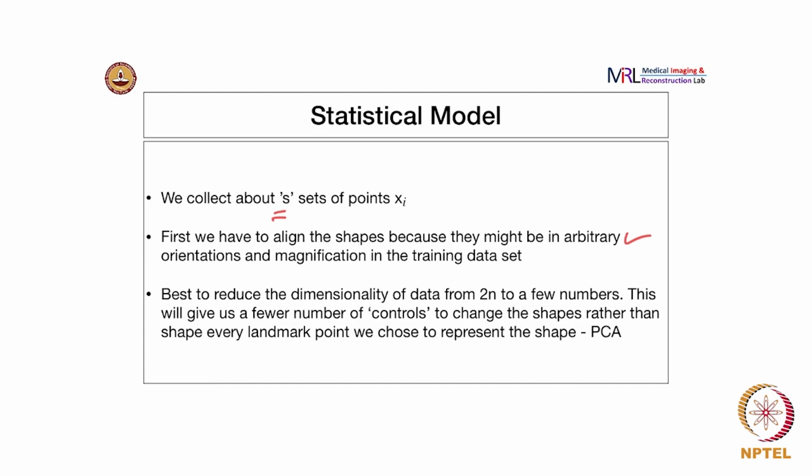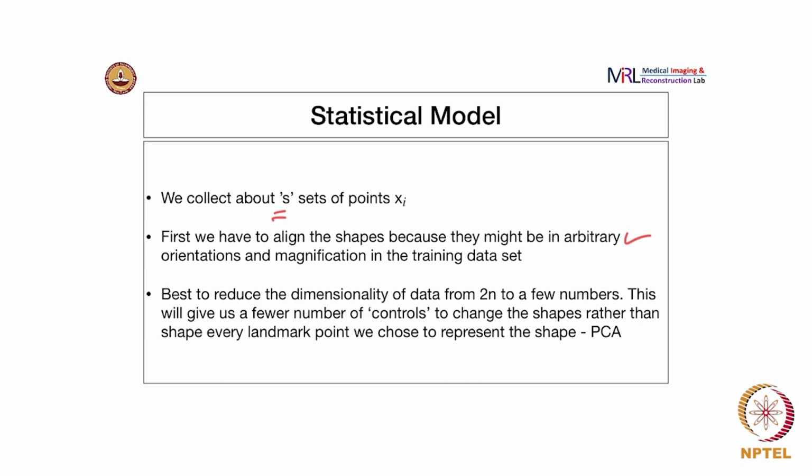So to make this job easier, we do this dimensionality reduction so that we have very few numbers that we can fiddle with. You can call them shape parameters, so that changing one of the numbers will lead to some tunable shape transformation.